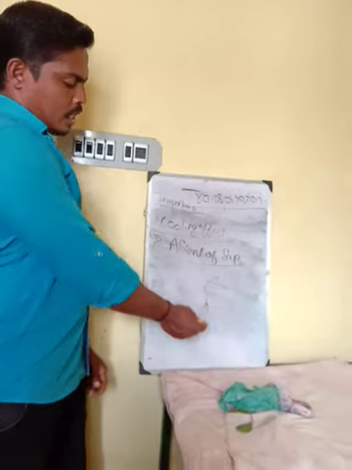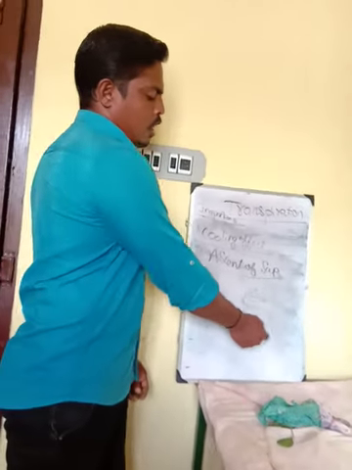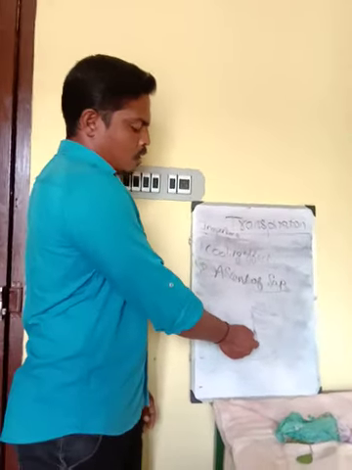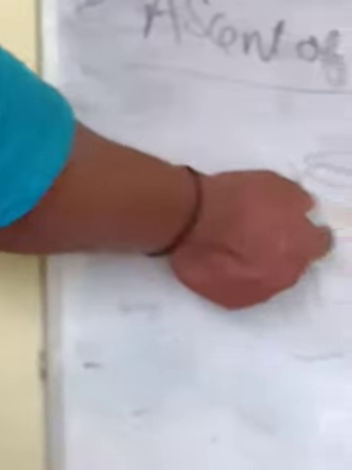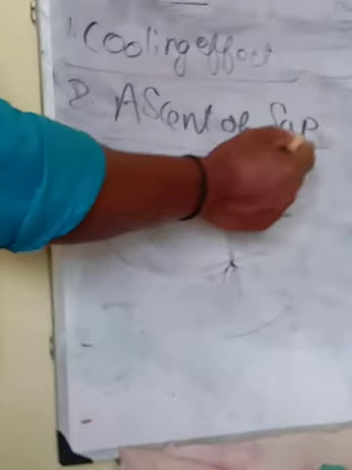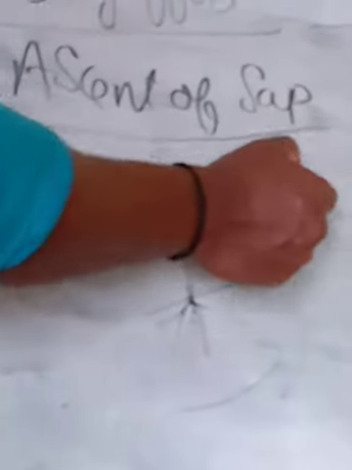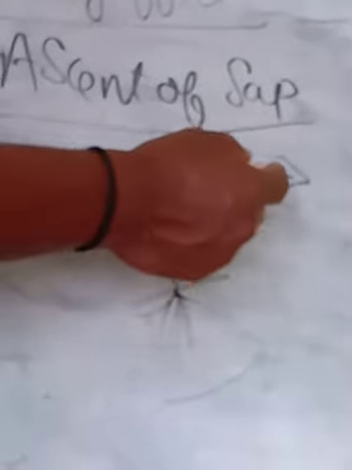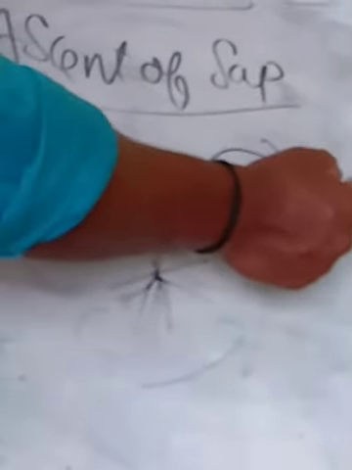The root is in the soil and the water will be absorbed through the root, and it goes to the stem and then to the leaf. When the water is going out through the leaf, through stomata, in the form of water vapor, it will produce some sort of pressure which makes the water from the soil be pulled again.